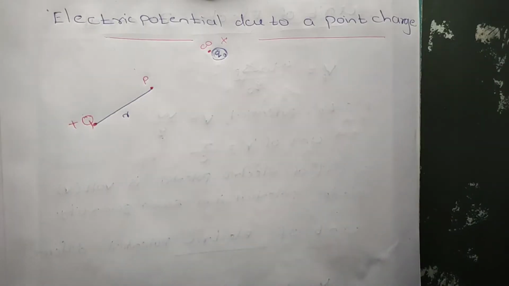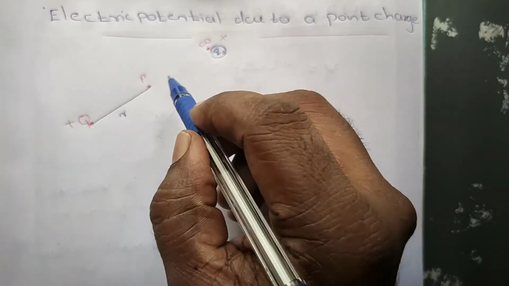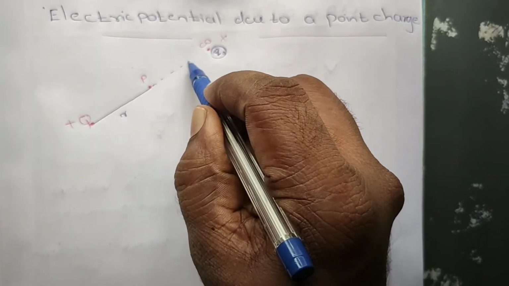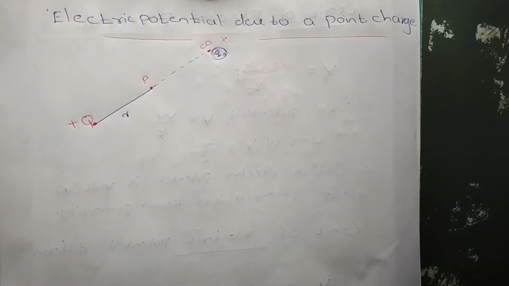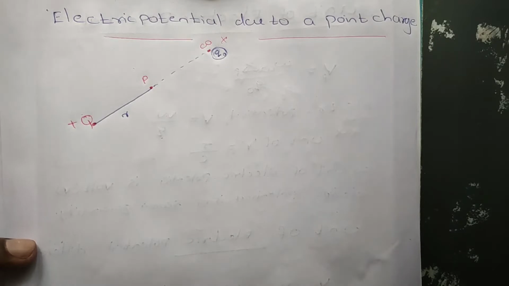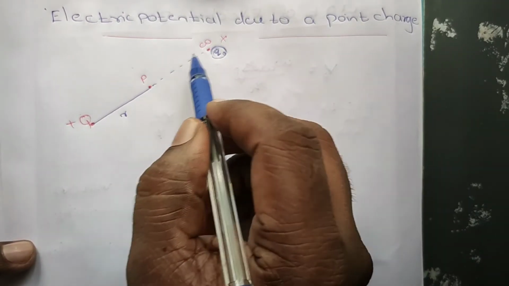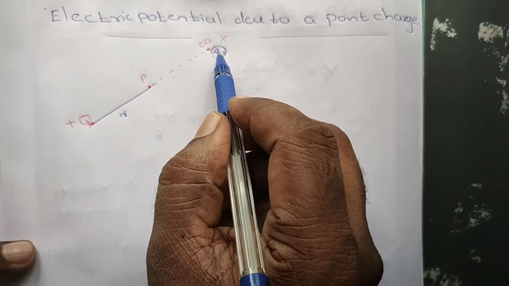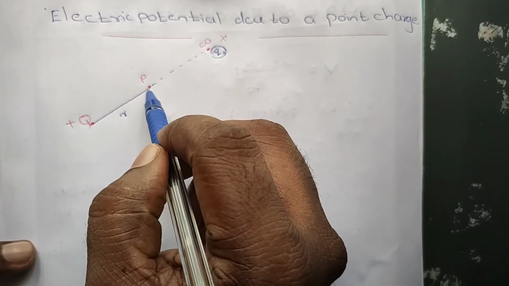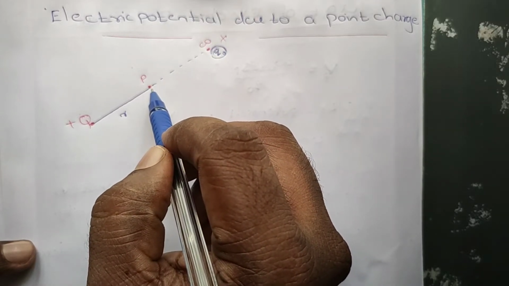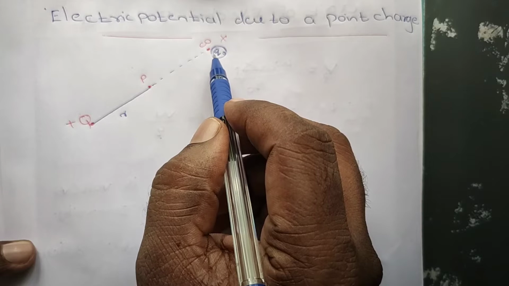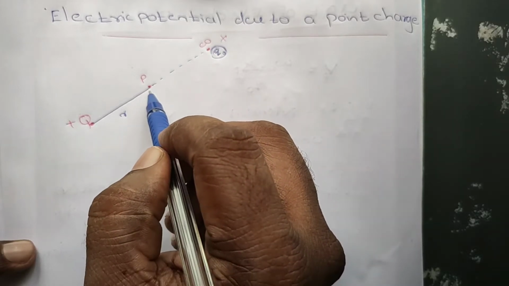I am bringing this Q naught from infinity to this point. So electric potential at this point means the amount of work done to bring the unit charge Q naught to point P, divided by this Q naught. Then we will get the electric potential at the point P.